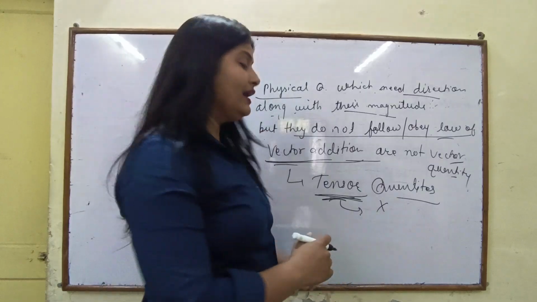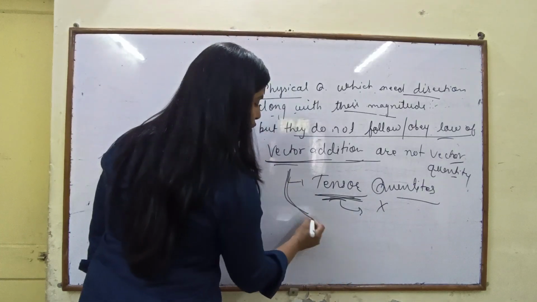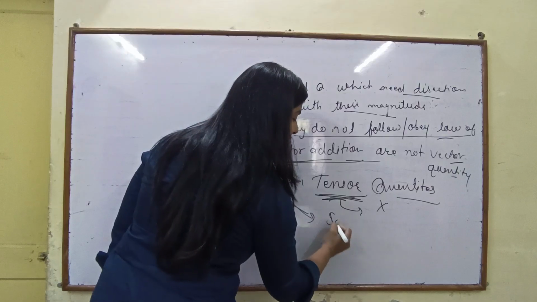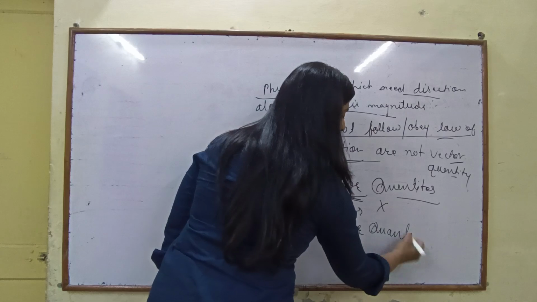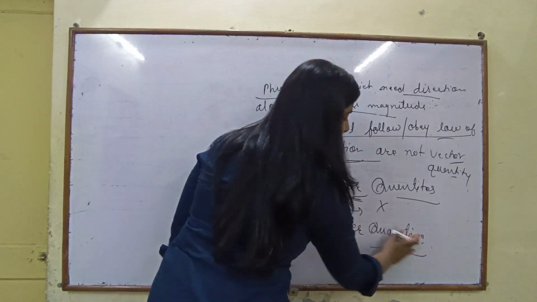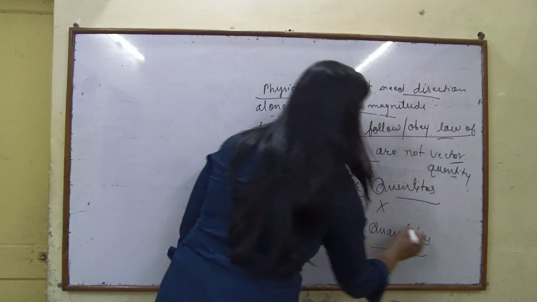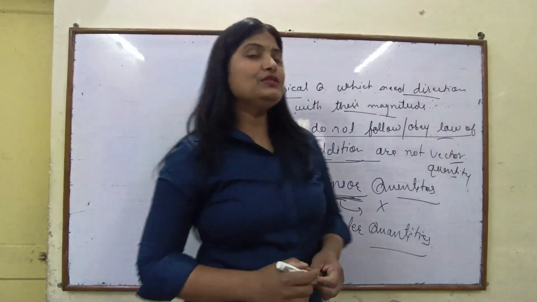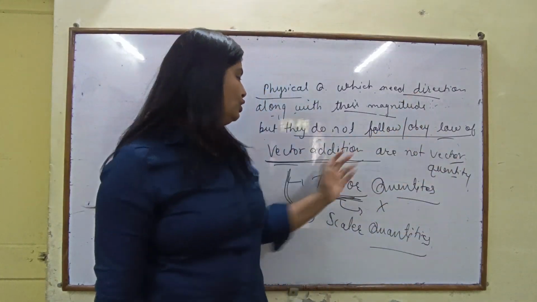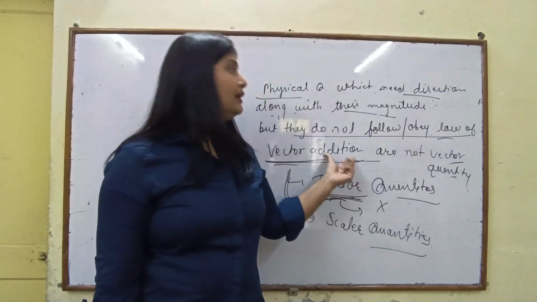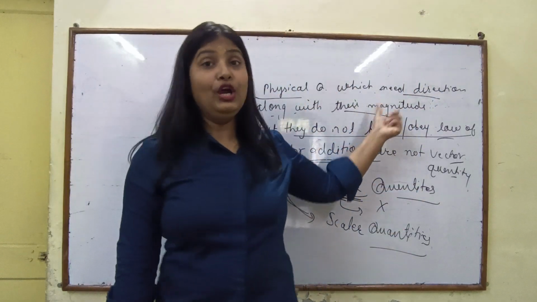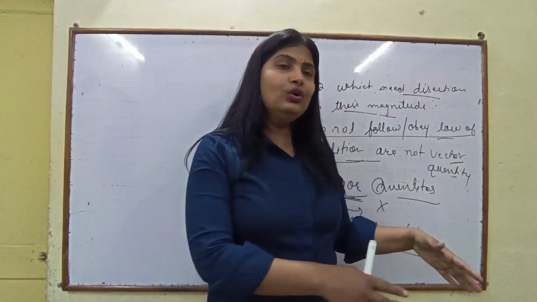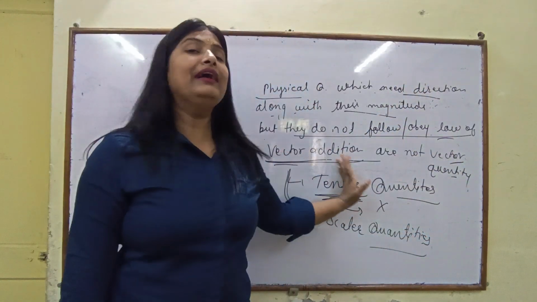That's why we call them only scalar quantities. Means physical quantities which do not obey vector addition, but have direction as well as magnitude, both are here, but they do not obey the law of vector addition.